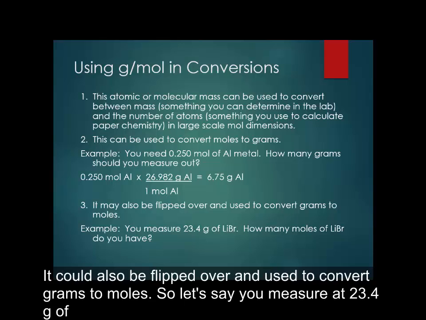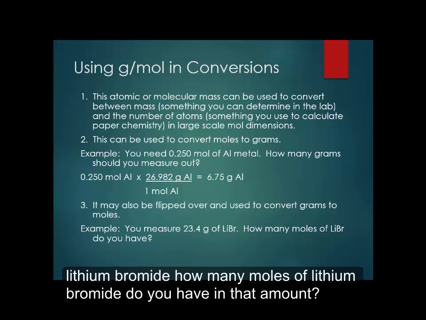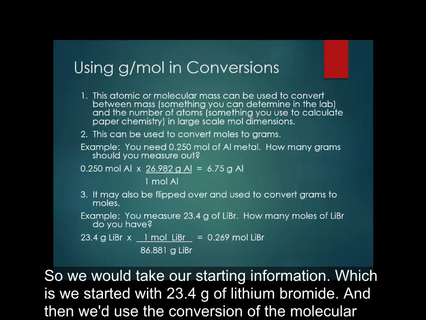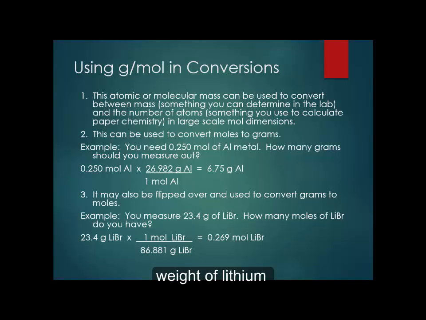It can also be flipped over and used to convert grams to moles. So let's say you measure out 23.4 grams of lithium bromide. How many moles of lithium bromide do you have in that amount? So we would take our starting information, which is we started with 23.4 grams of lithium bromide, and then we'd use the conversion of the molecular weight of lithium bromide.